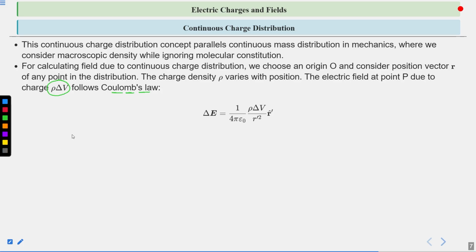The electric field at point P due to charge rho delta V is 1 upon 4 pi epsilon naught, and the charge is rho into delta V, over r prime square, r prime cap. Here r prime shows the position.